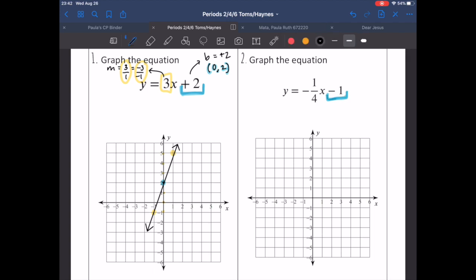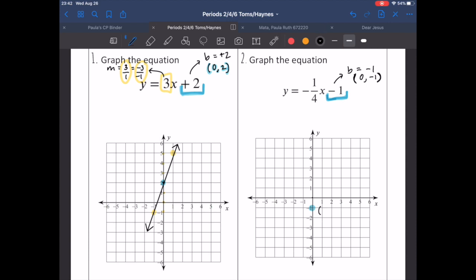Okay, so I know that my y-intercept, which is my b, is the same as a negative 1. And that the point that I start with is 0, negative 1. Okay, so 0, negative 1 is 0 and then negative 1. So we go down. So right here, this is the point that I start with.